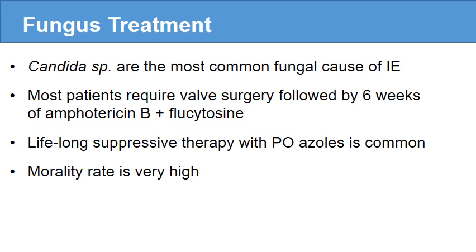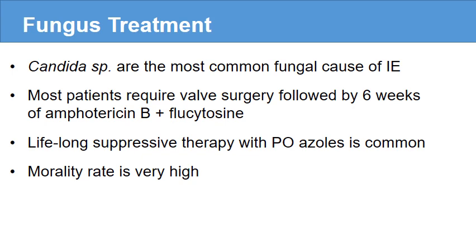Amphotericin is sometimes called amphoterrible by patients because it causes side effects that patients don't like. And flucytosine is a more minor agent that's used in combination with amphotericin for serious fungal infections such as meningitis, and in this case, infective endocarditis.